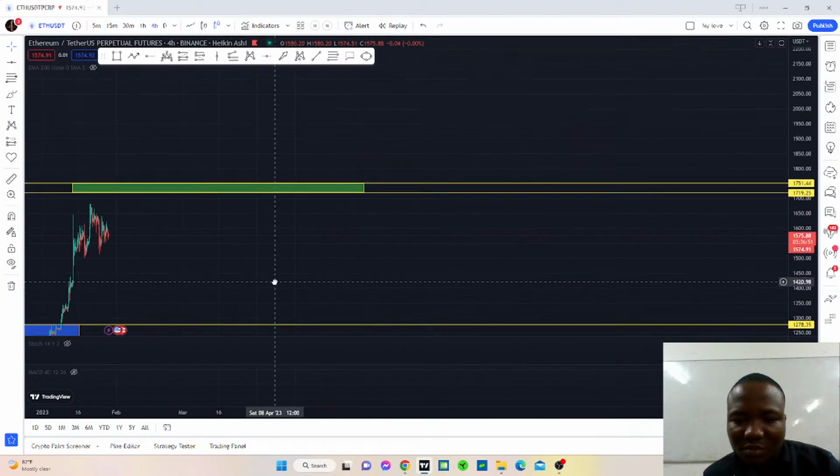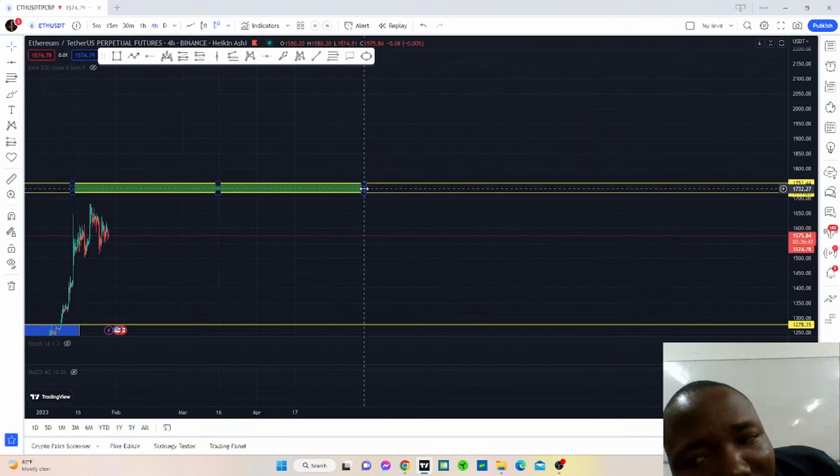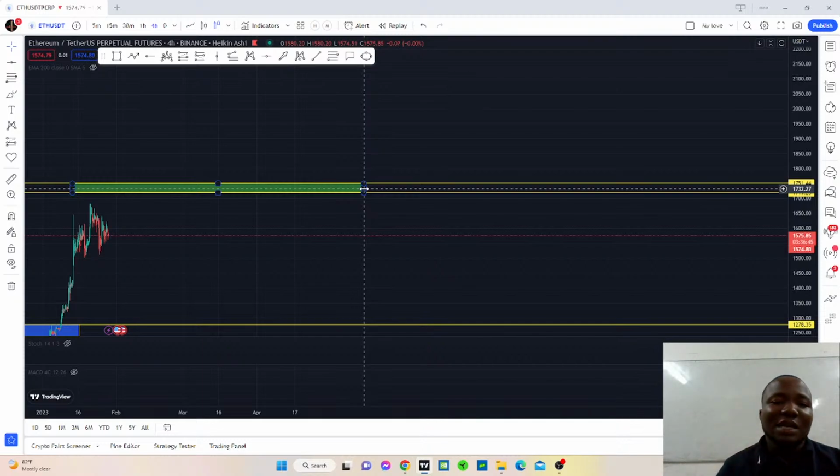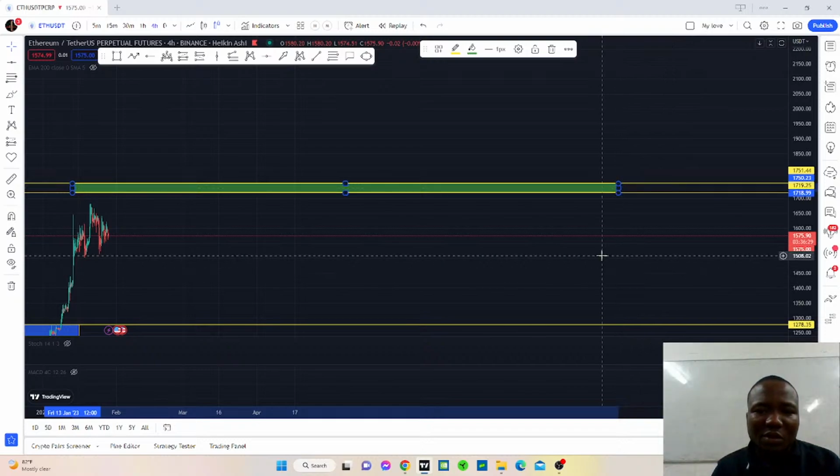You can see now, I want to extend it to the ending of this year, because it's a very strong zone too. Such a zone will barely change in the nearest future. So I've extended it as much as I like. Yeah, somewhere here is okay.